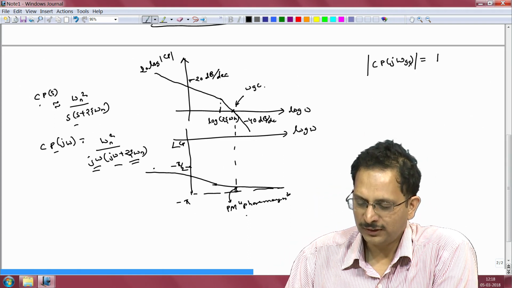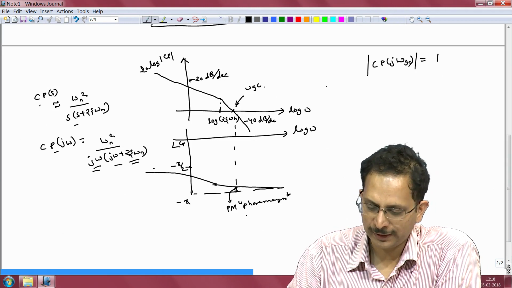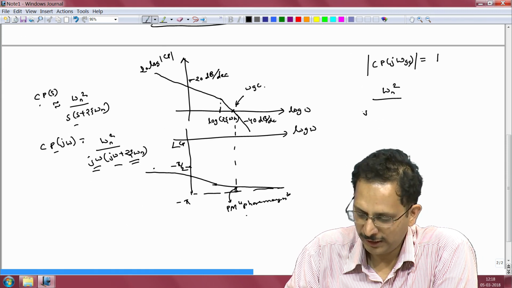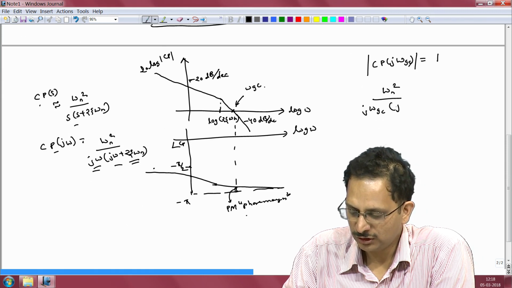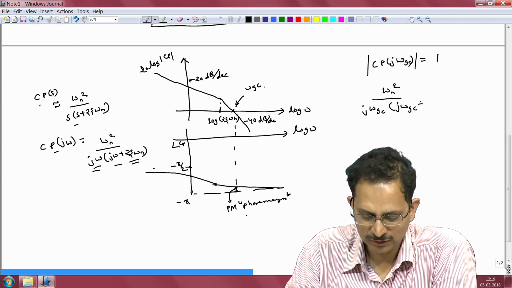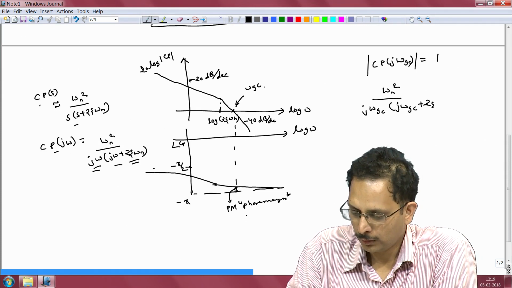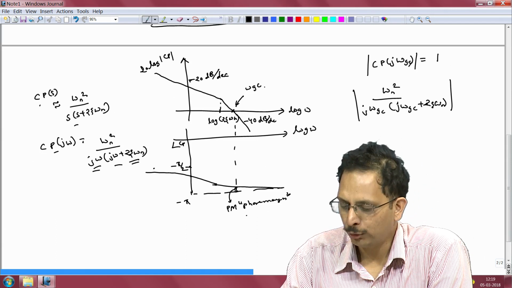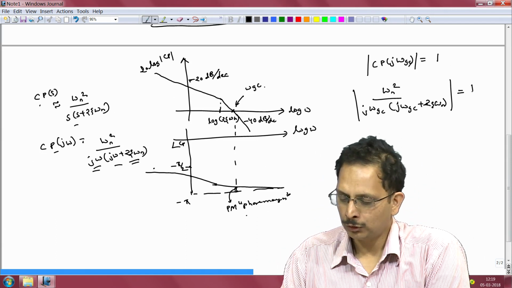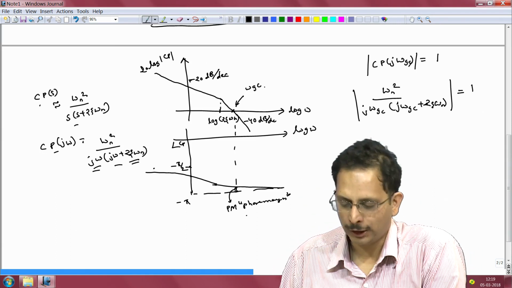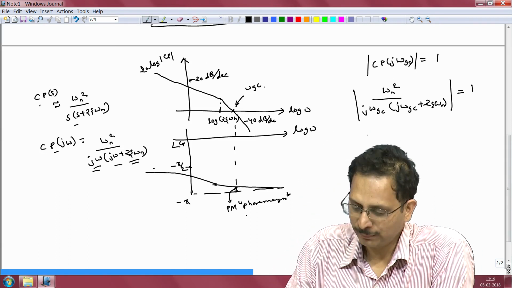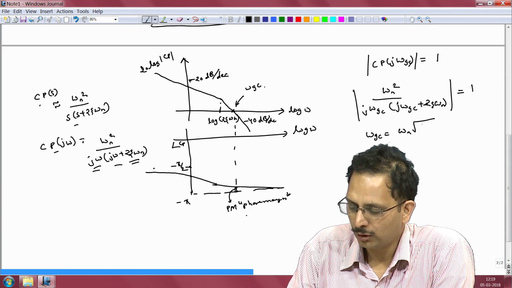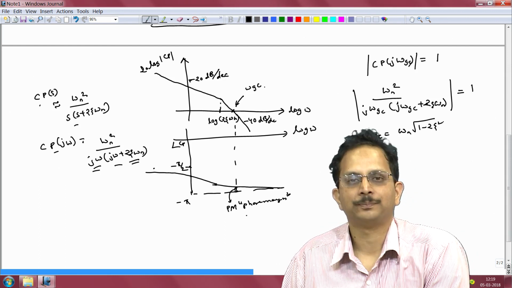So, if this has to be true, then substituting it in the expression for C times P, we would have the magnitude of omega n square by j omega gc times (j omega gc plus 2 zeta omega n) should be equal to 1. So, you can solve this algebraic equation for omega gc, and you would get omega gc equal to omega n square root of 1 minus 2 zeta square.